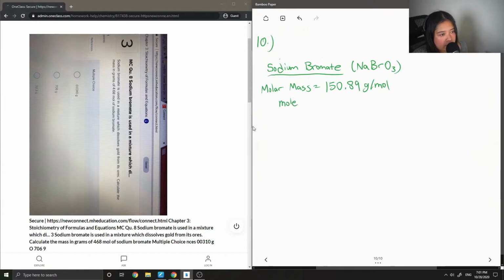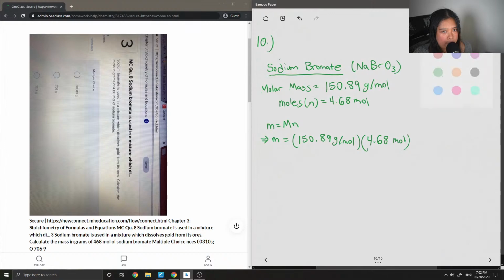So we know that the moles are equal to 4.68. And all we have to do is use this equation where mass is equal to molar mass times the number of moles. So plugging in all the values, 150.89 grams per mole multiplied by 4.68 moles.